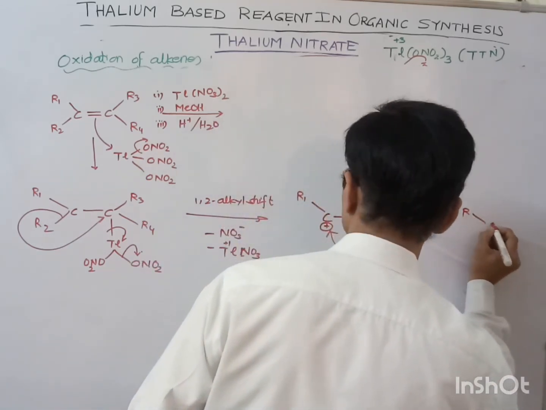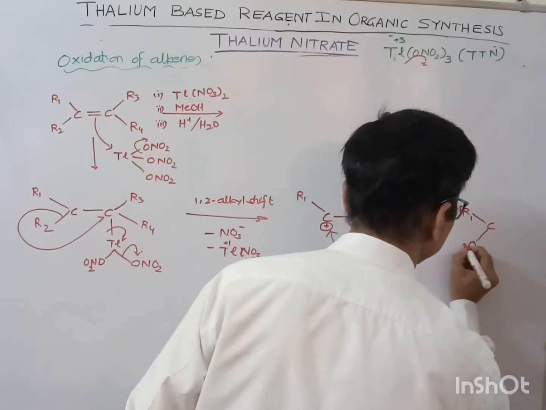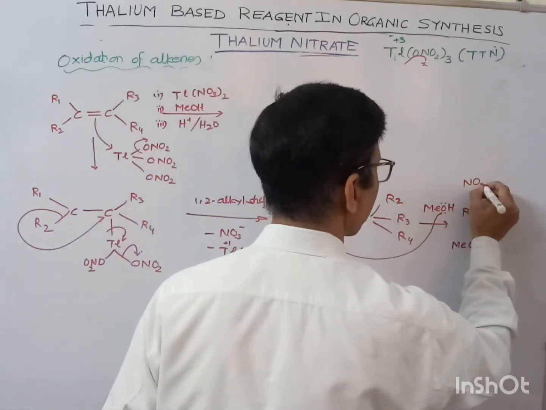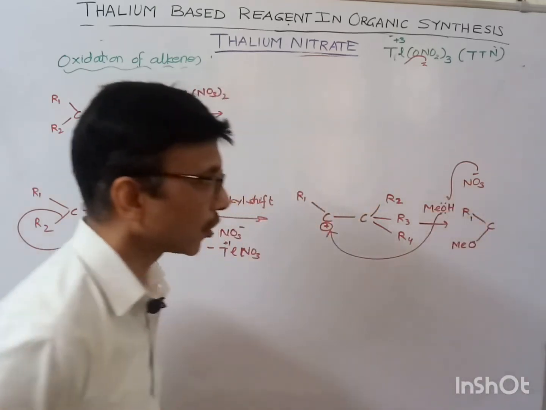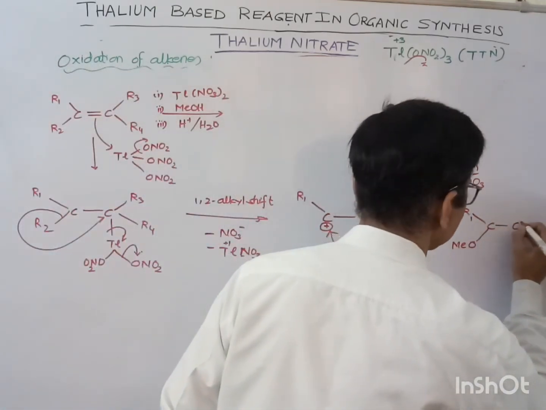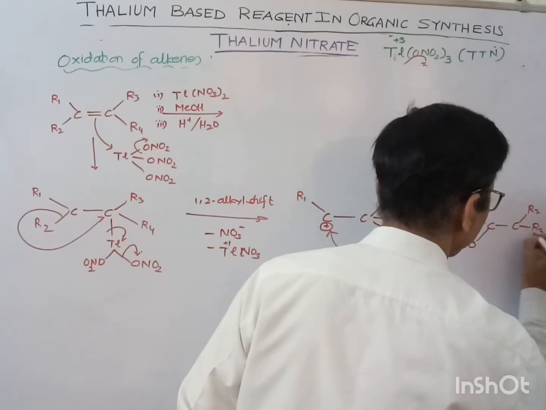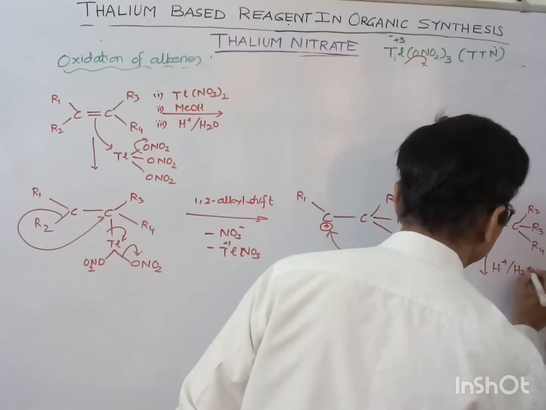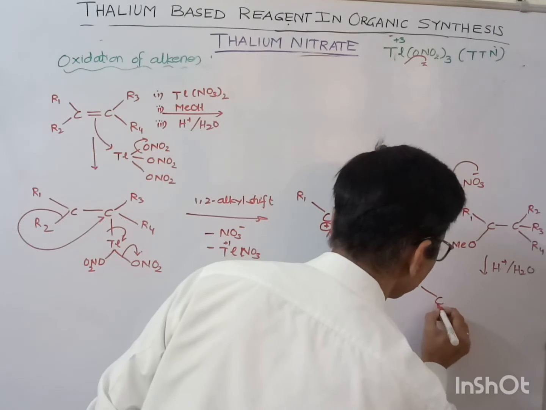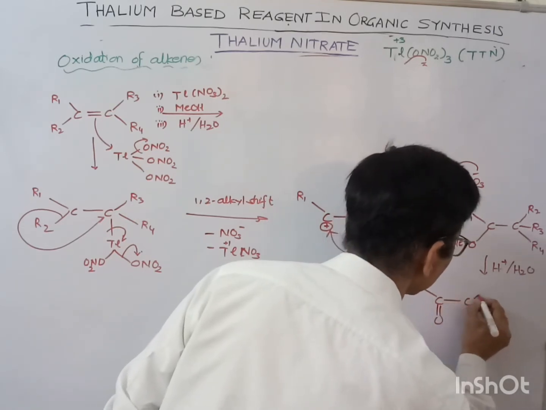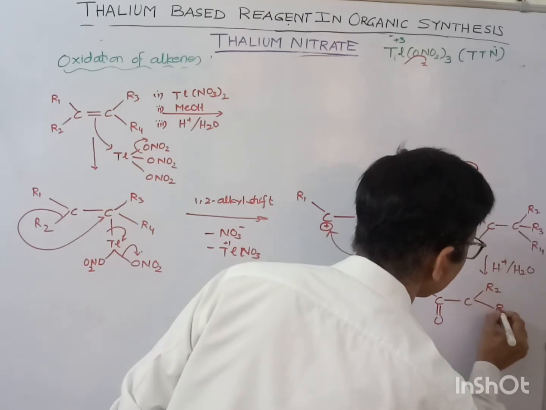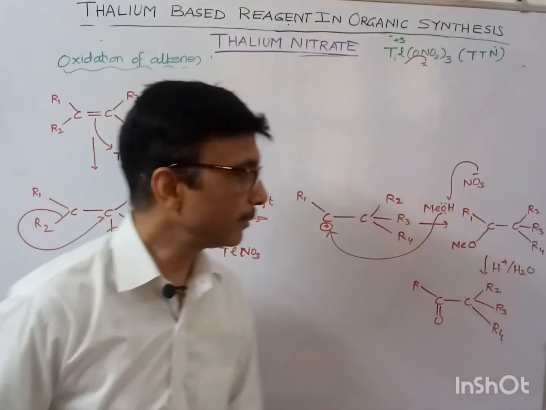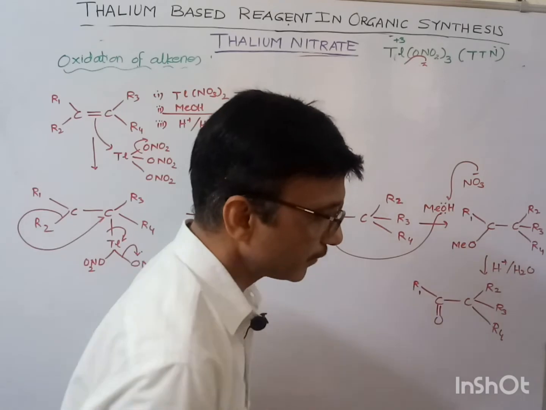The nitrate ion can grab this proton, and we will see R2, R3 and R4, and finally after hydrolysis, this may be the product here. In this case, this will be the product.